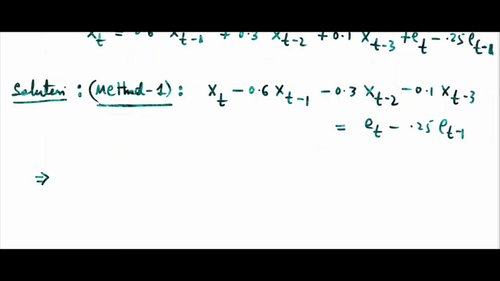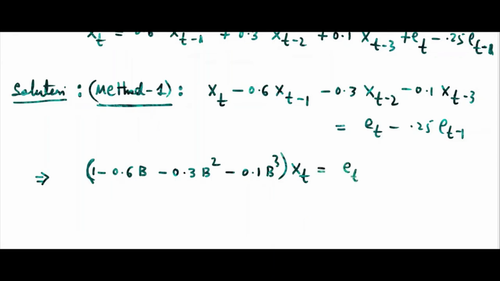Okay, so if I take xt common here, I will get 1 minus 0.6 b, minus 0.3 b square xt, minus 0.1 b power 3 xt. That's all. B power 3 xt is xt minus 3, b power 2 xt is xt minus 2, that way. And here also we'll write et minus 0.25 b et. And finally, if you see, it will take that form, the general form.